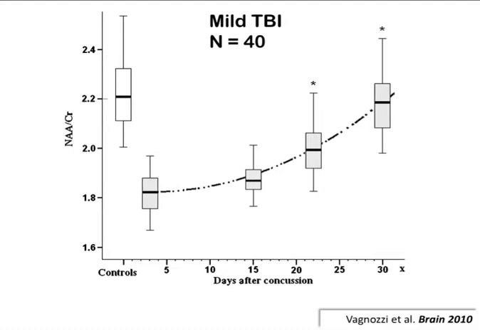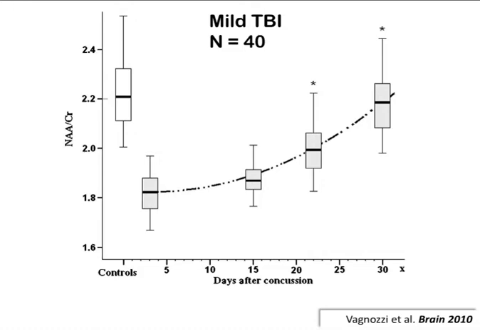This is a group of individuals with mild TBI, concussions, and you can see that when you look again at this NAA to creatinine ratio after a concussion, which most of us would agree or identify as a mild type of brain injury, you can see that there is this very dramatic drop in NAA to creatinine ratio, and that the return to normal does not occur in a few hours or in a few days.